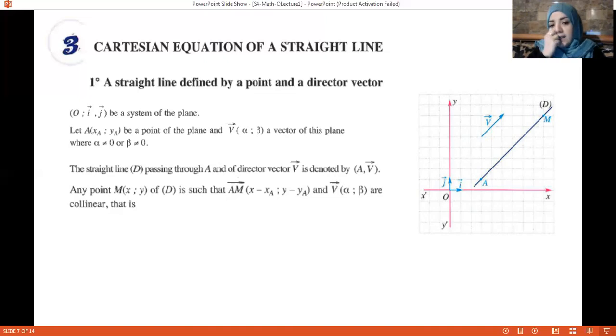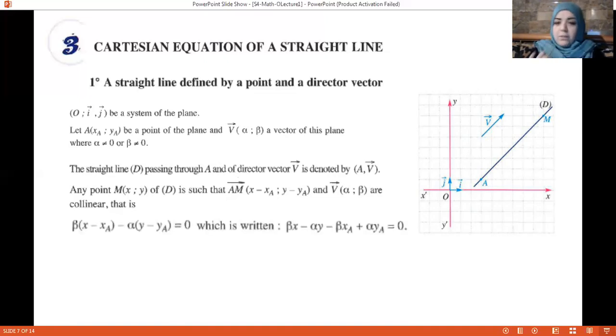That means I'm going to multiply (x minus xa) by beta, minus (y minus ya) times alpha, equals 0. This is general. When it comes to the examples, it will be much easier, but you have to know how we got this form.